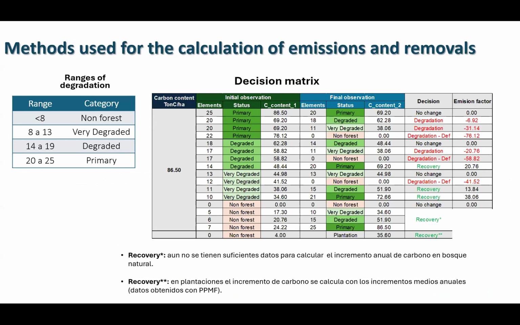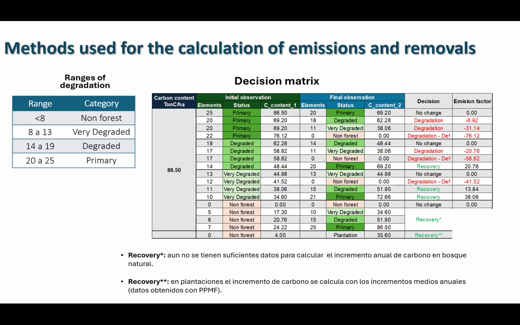We assign the range of degradation based on the tree elements that the plot has. We see on the left a table: if the plot has 20 to 25 tree elements, we assign primary. If we have 14 to 19 tree elements, we assign degraded. And if we have 8 to 13 tree elements, we assign very degraded.